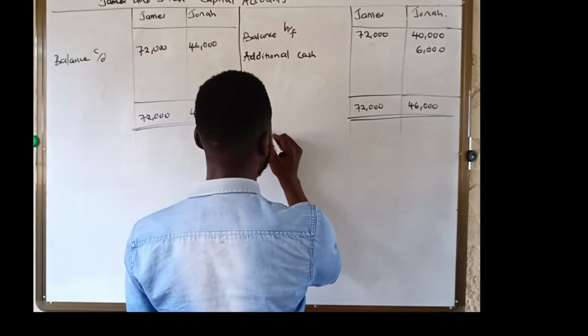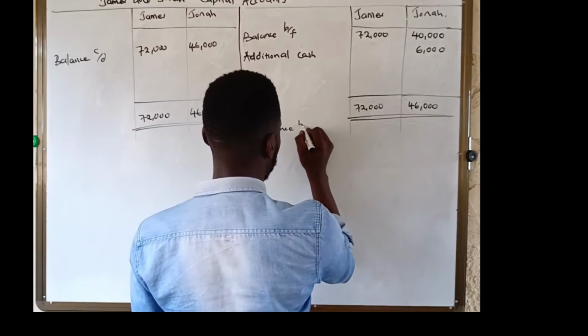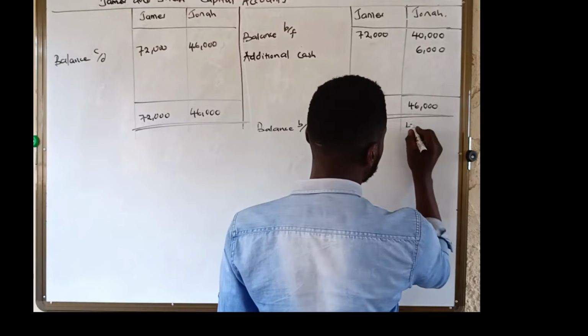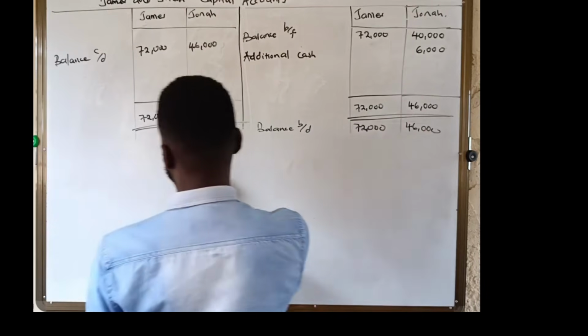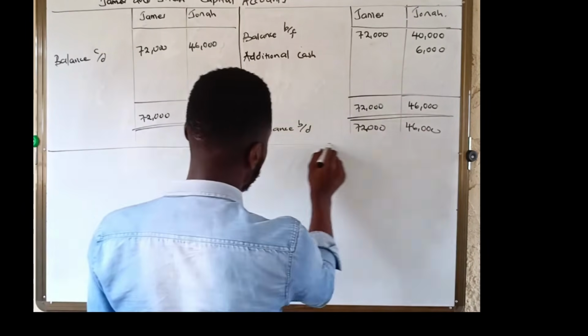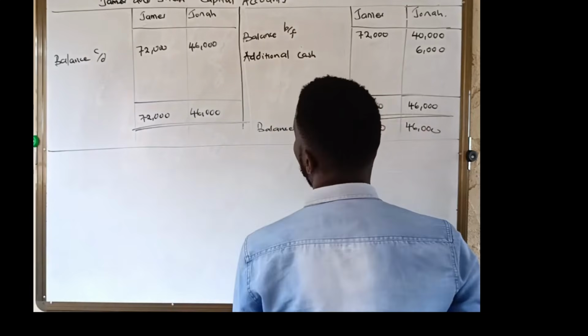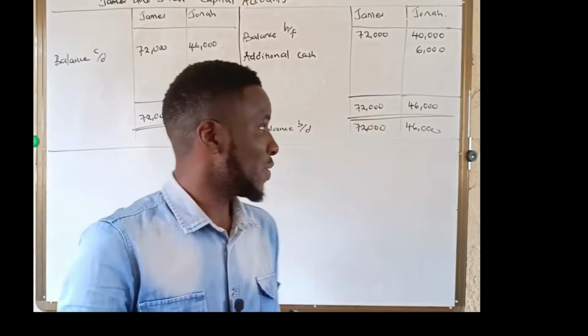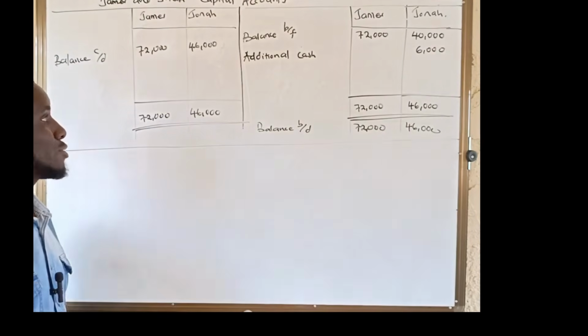And then our balance brought down will be 72,000 and then 46,000. And we are done with our capital accounts. It is very, very easy. So this is how the capital account is supposed to be done.